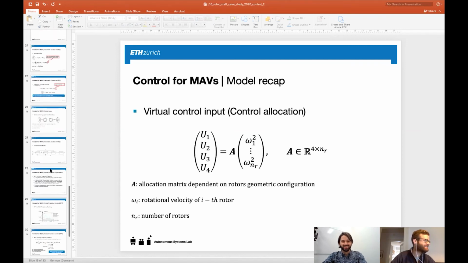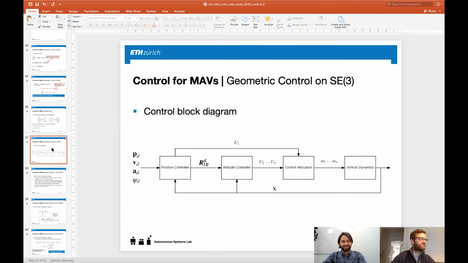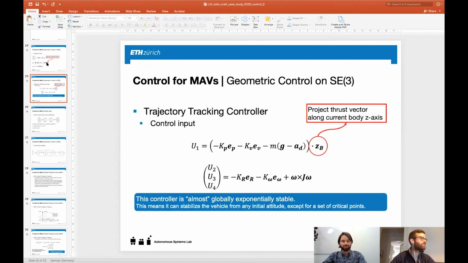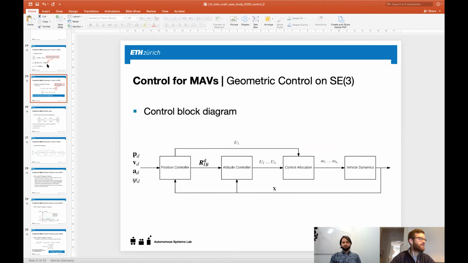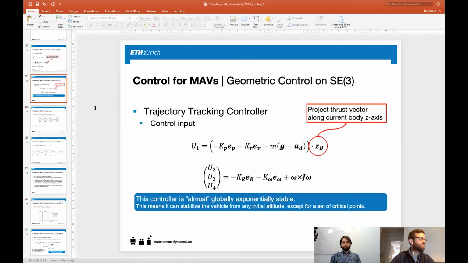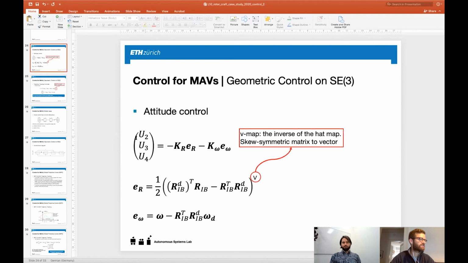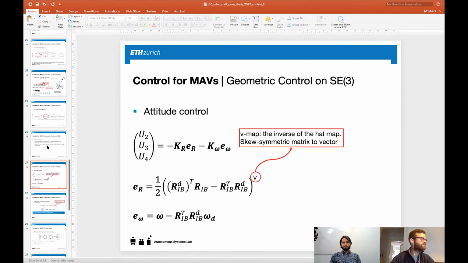So again, yes, the geometric controller is better than the Euler angle controller because we use the more exact attitude error, which is written here. And coming back to the allocation, it's correct. From the attitude error, we compute the angular accelerations, u2, 3, and 4.